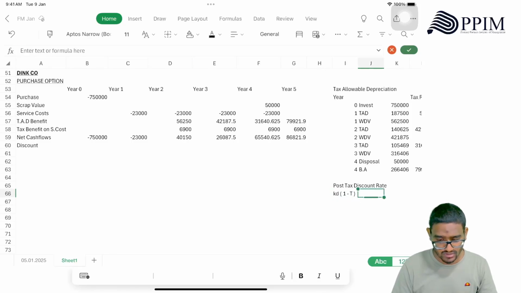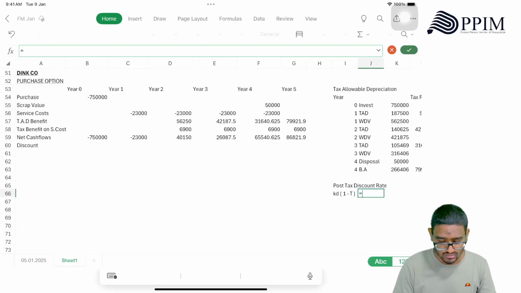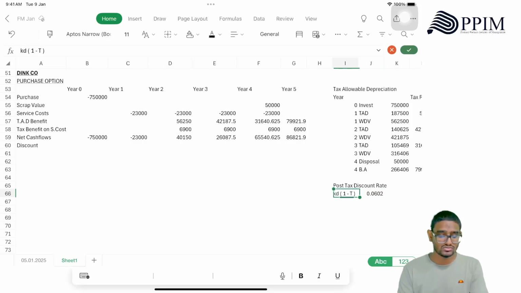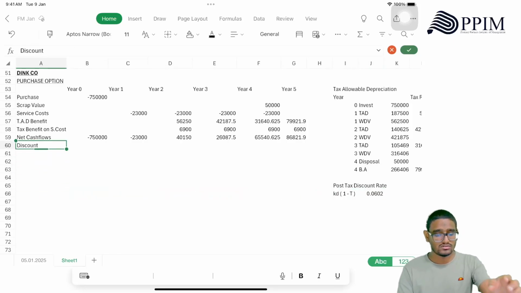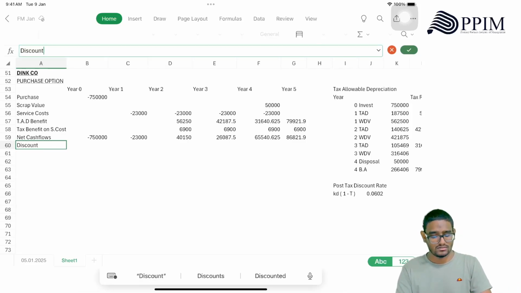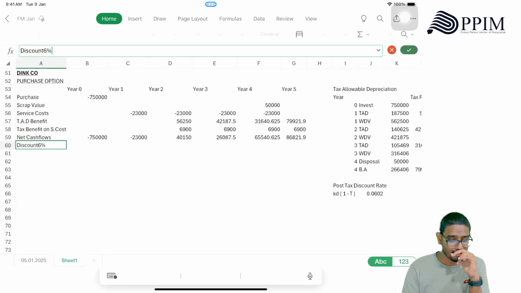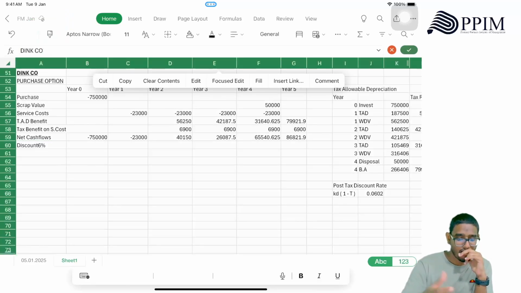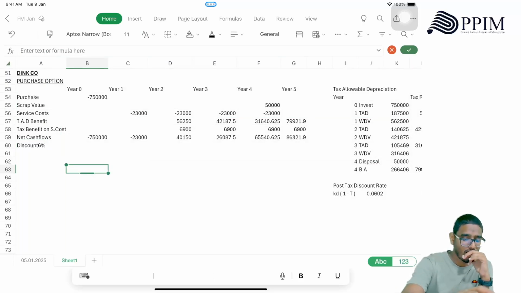In this case KD is 8.6 into (1 minus T), which is 6.02, so let's say 6%. Discount rate at 6%. But then we don't calculate interest. This is just the interest rate.